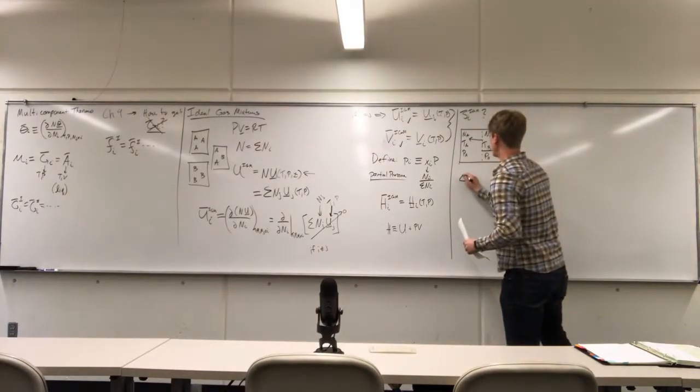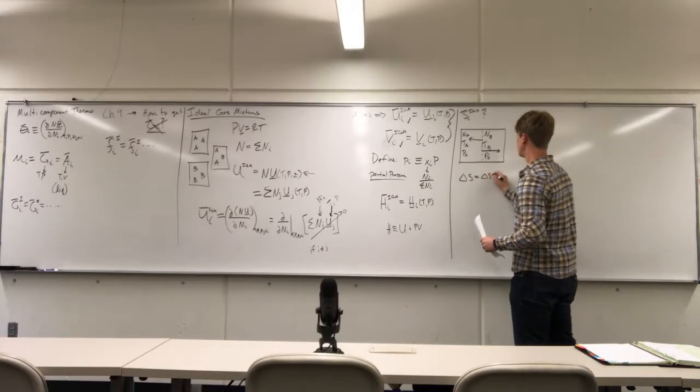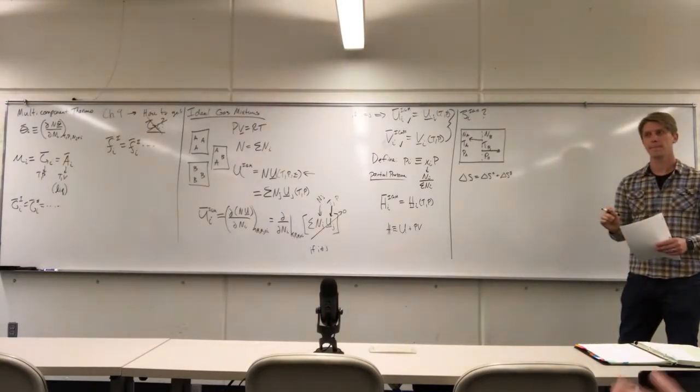So what we want to find, the total entropy change of the system, is the entropy change of A plus the entropy change of B.